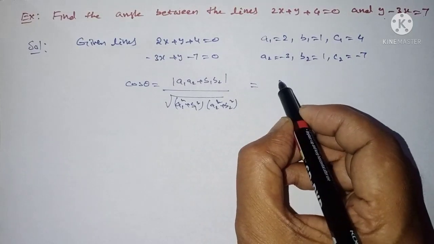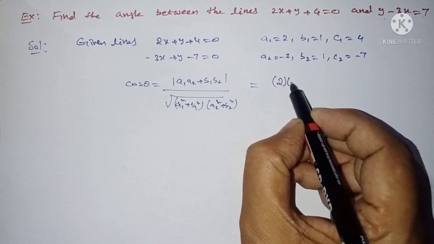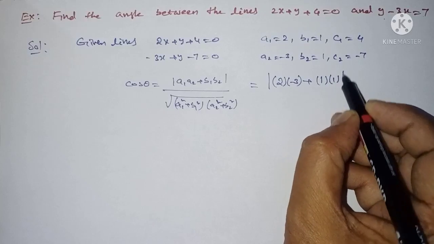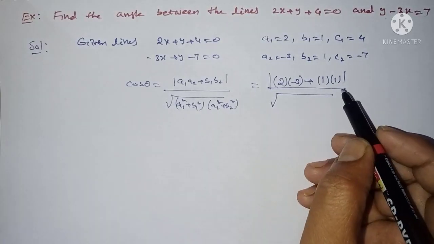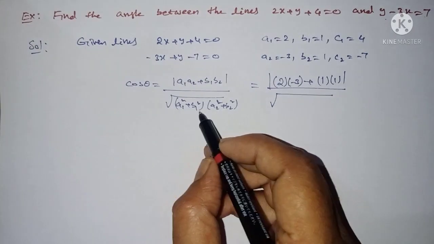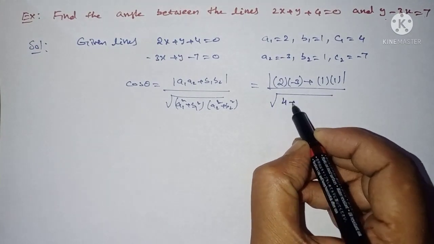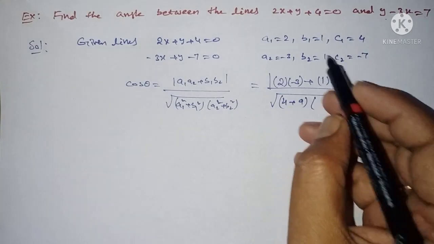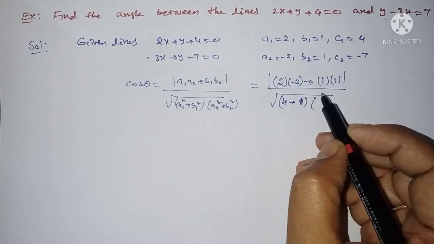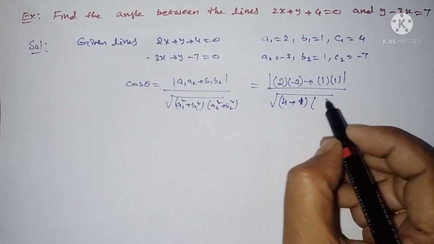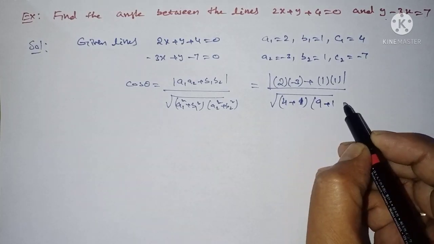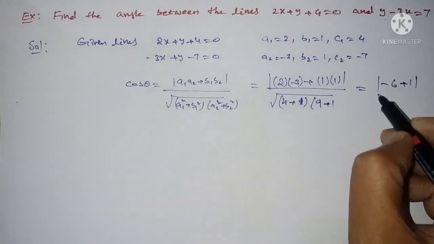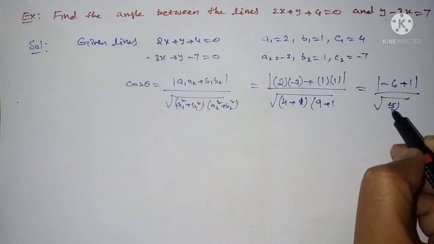That is 2 into minus 3 plus 1 into 1 over under root of 4 plus 1 and 9 plus 1. Therefore this is mod of minus 6 plus 1 by root 5 into 10.